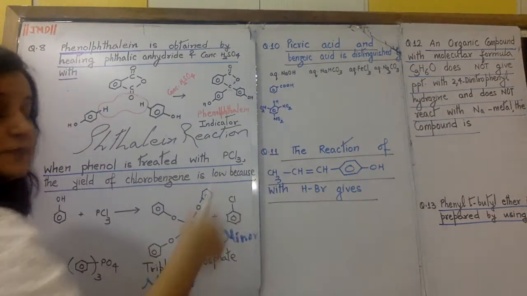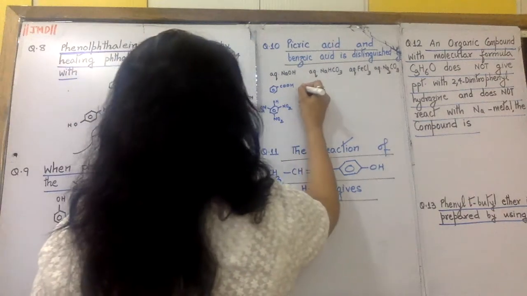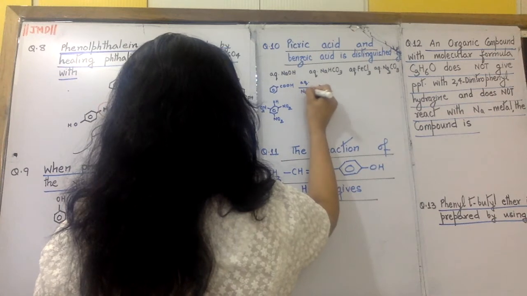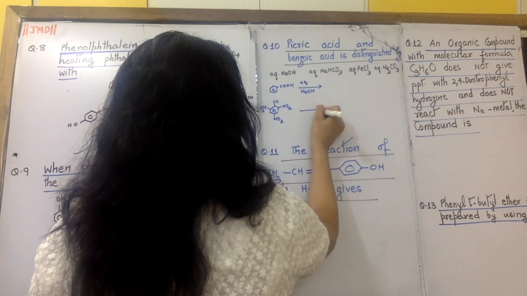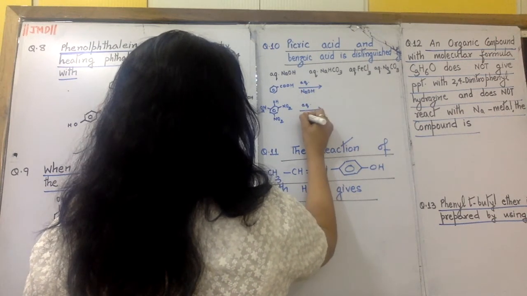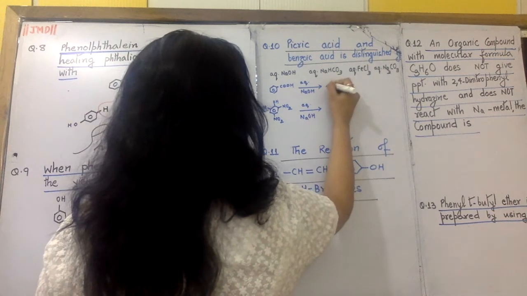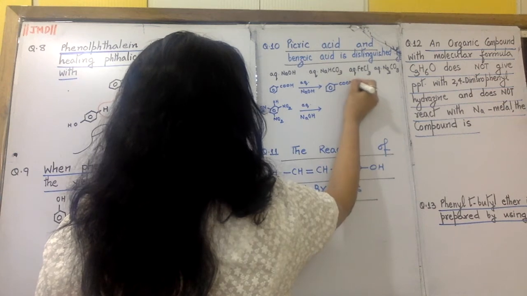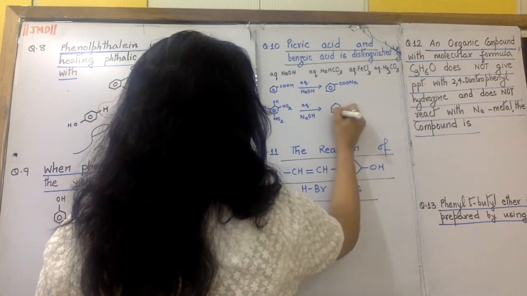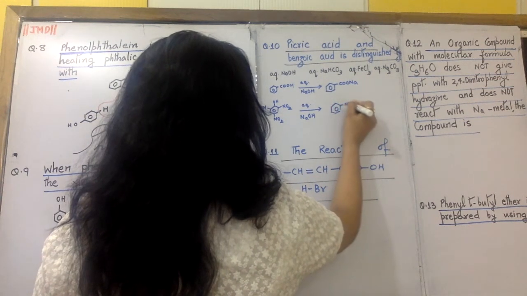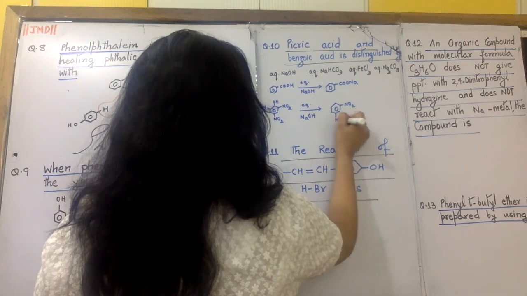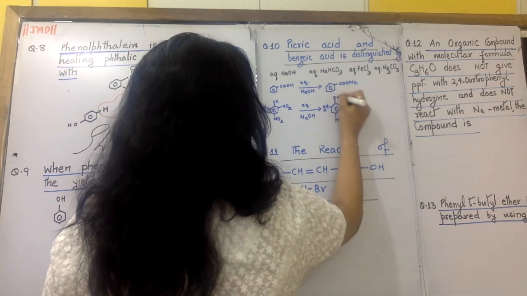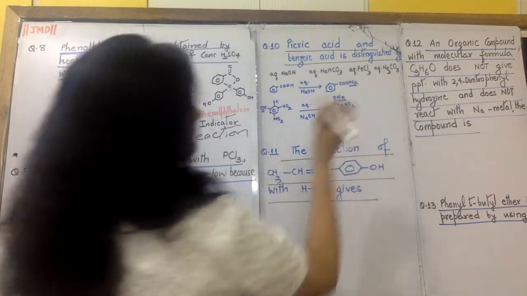The benzoic acid with aqueous NaOH will give sodium benzoate, and picric acid will give 2,4,6-trinitrophenoxide. You can see ONa, ONa.